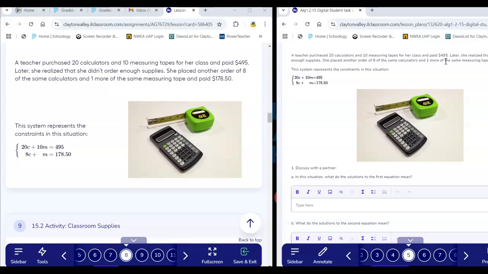So she placed another order of 8 of the same calculators and 1 more of the same measuring tape. And she paid $178.50. So here's a system that represents the constraints that we're talking about in this particular situation.